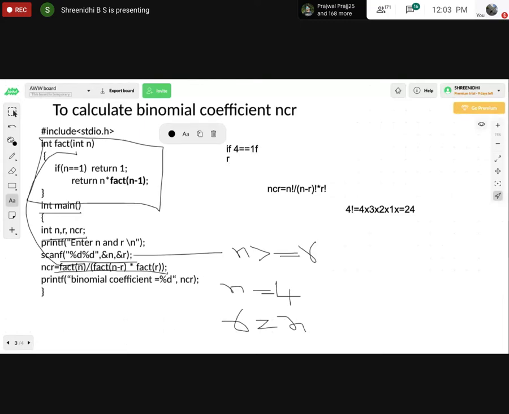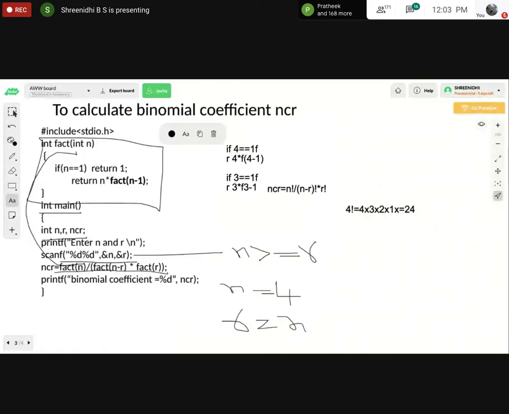So return 4 into fact of 4 minus 1. Again, I am calling the same function next time. If 3 is equal to 1, again false. So it will be return 3 into f of 3 minus 1.